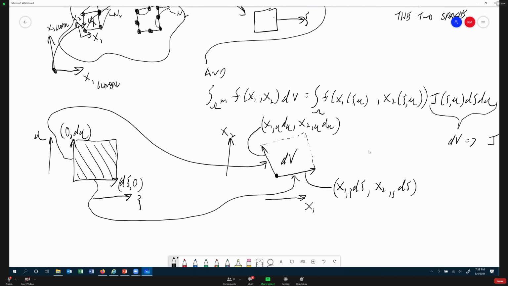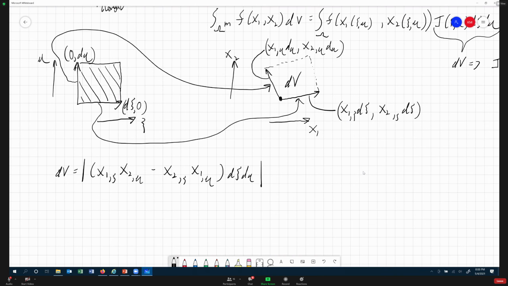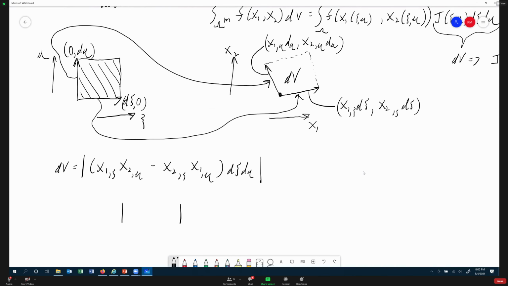This is dV, and dV is equal to the absolute value of x1 comma c times x2 comma nu minus x2 comma c times x1 comma nu, close brackets, dc dnu. This is the determinant of J.